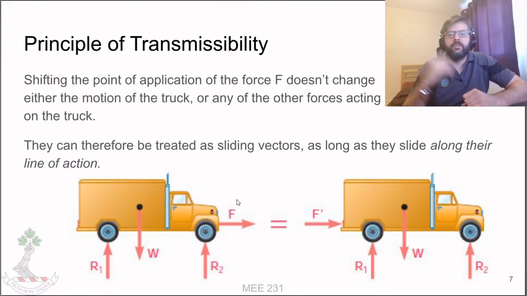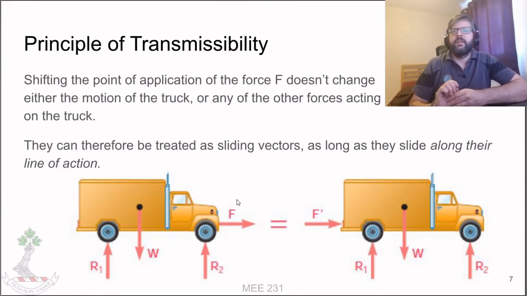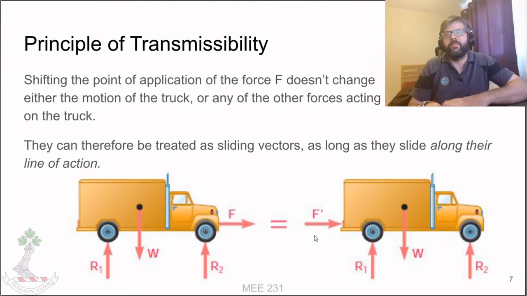So going back to the truck, if you pull the truck with a rope from the front, or if instead you get those guys who are pulling on the rope and have them push from behind, as long as the line of action is the same, as long as the total amount of force is the same, then those are equivalent.